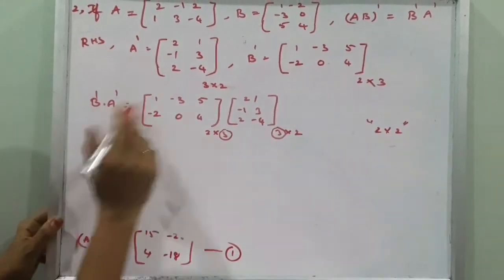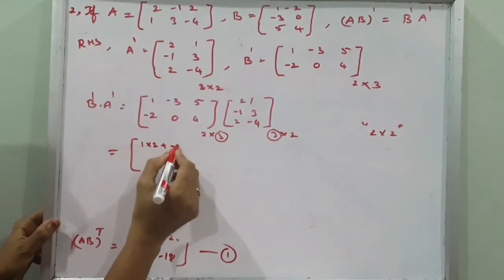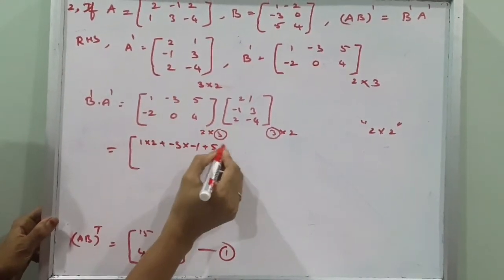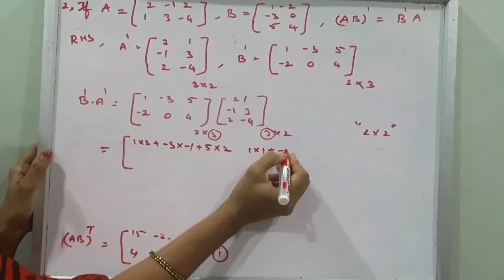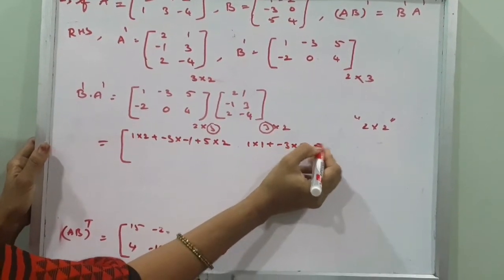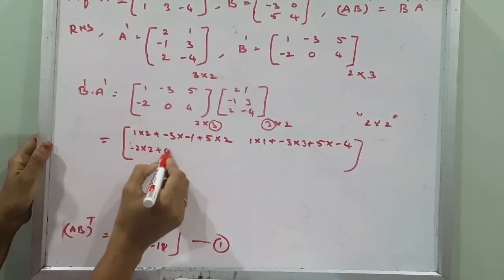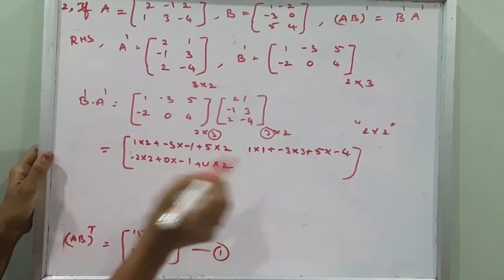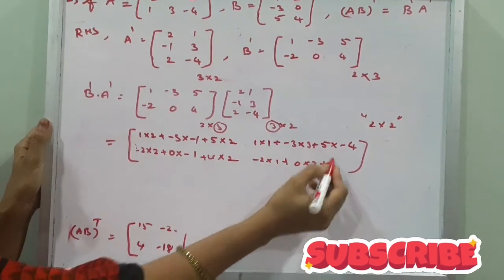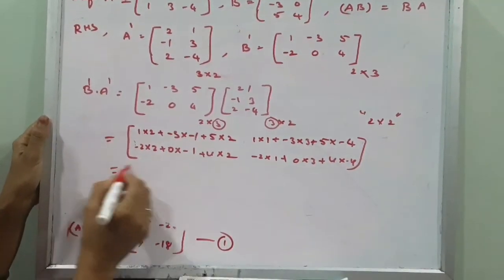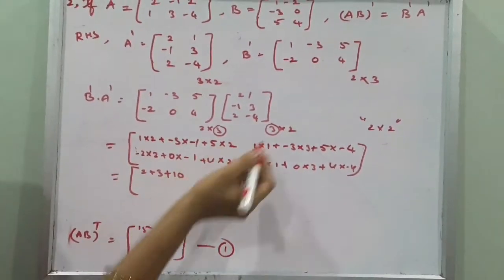First row by first column, 1 into 2 plus minus 3 into minus 1 plus 5 into 2, and first row by second column, 1 into 1 plus minus 3 into 3 plus 5 into minus 4, minus 2 into 2 plus 0 into minus 1 plus 4 into 2, minus 2 into 1 plus 0 into 3 plus 4 into minus 4.